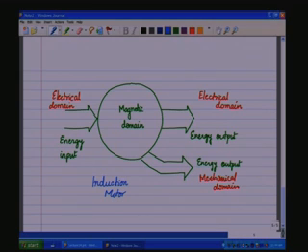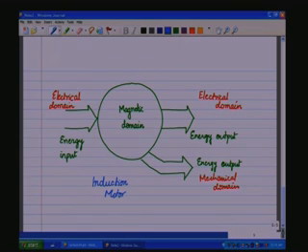So, let us study the induction motor, which is probably the most ubiquitous motor that you would find in most applications all over the world. Something like 75 to 80% of the prime movers are induction motors.